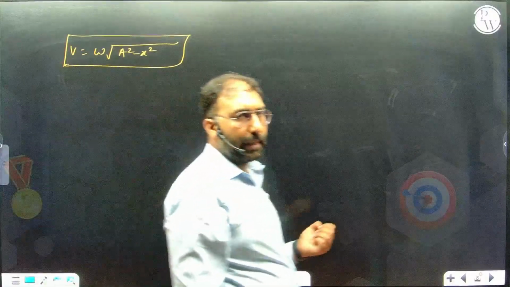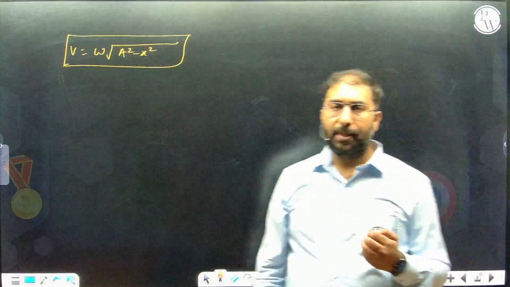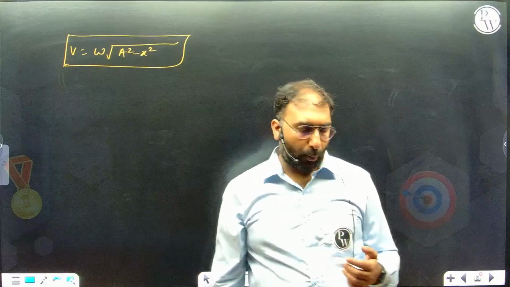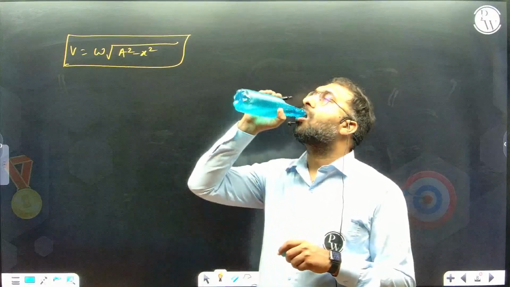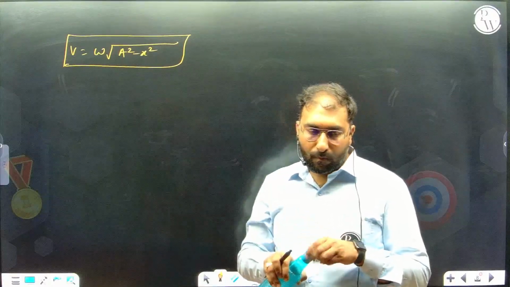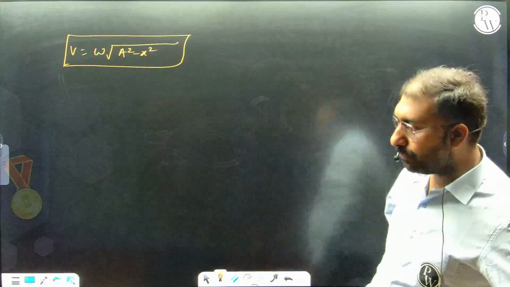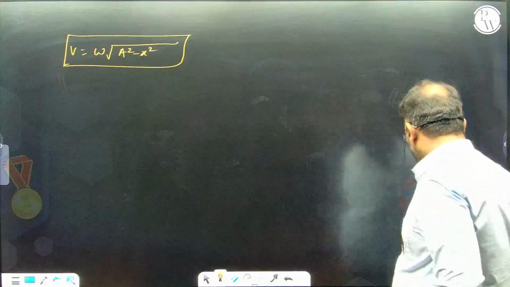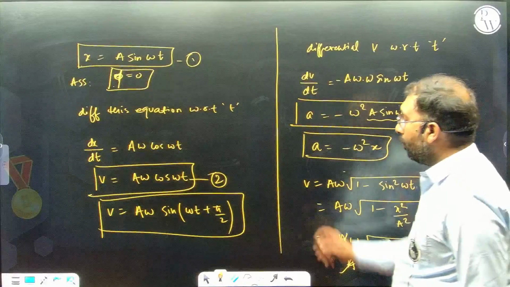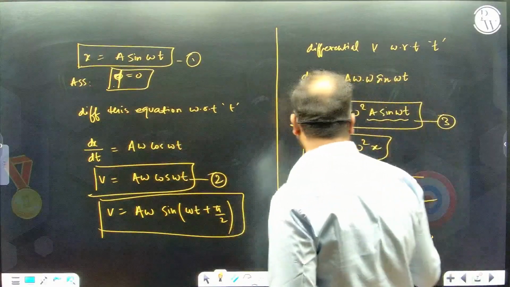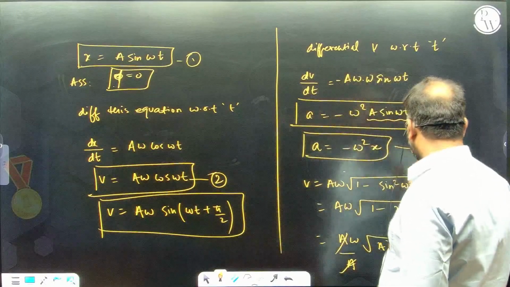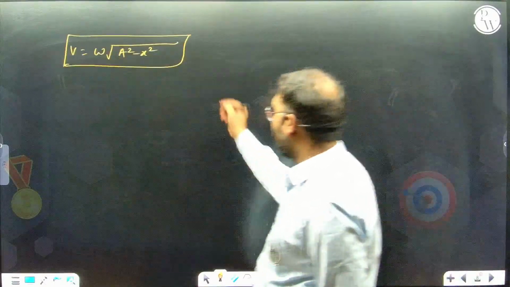Almost all the questions asked in exams can be solved by using these equations. So 1, 2, 3, then this is equation number 4, and this is my equation number 5.